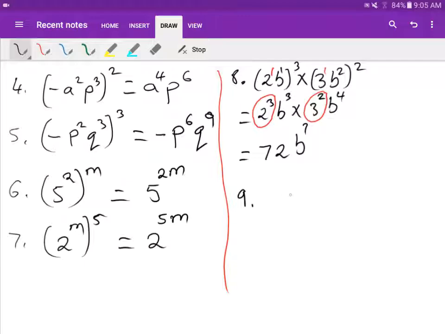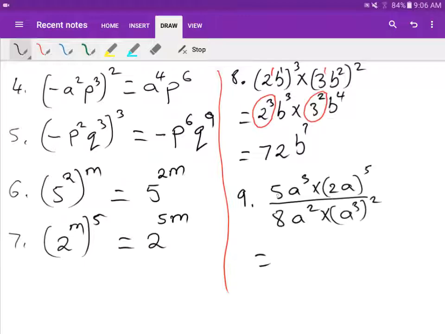Okay, so number 9. Let's say 5a power 5 times, let's say 2a power 5 again, all over 8a squared times a power 3, all squared.